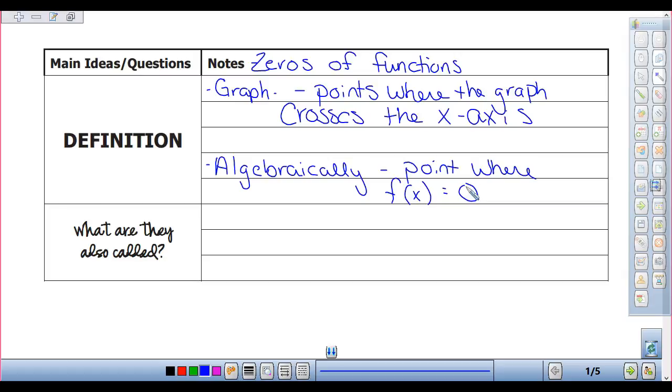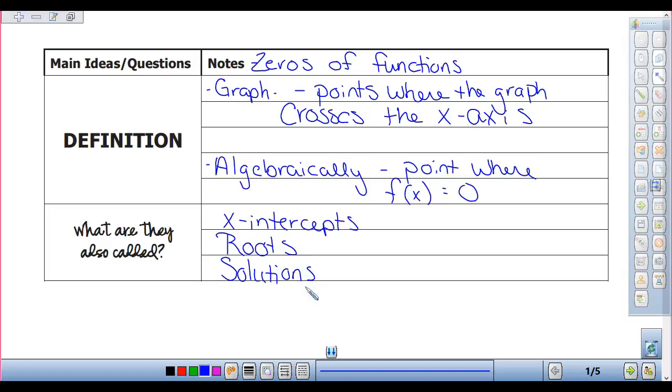Okay. Two different names of these, they are often called the x-intercepts. They are sometimes called the roots. And you will see them sometimes called solutions.